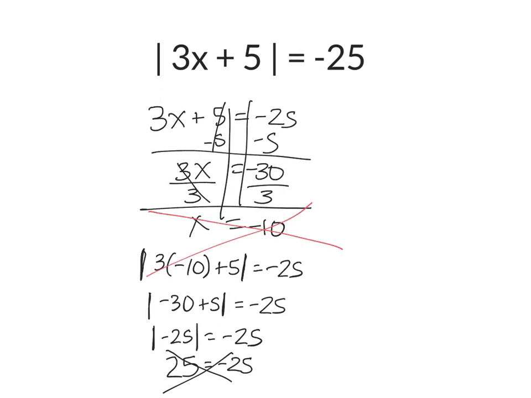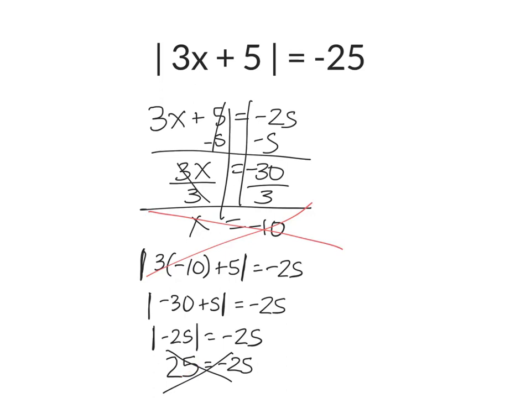The reason why is because if we take the absolute value of something, it always equals a positive number. No matter what is on the inside of the absolute value symbols, if you're taking the absolute value, it's always going to be positive. So if you have absolute value equals a negative number, that's not possible, because just like I showed you here, if you go through all the work, you're going to get a positive number answer in the end.